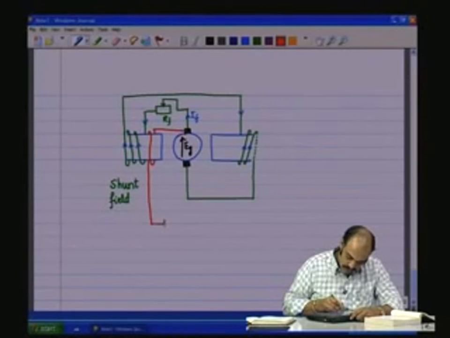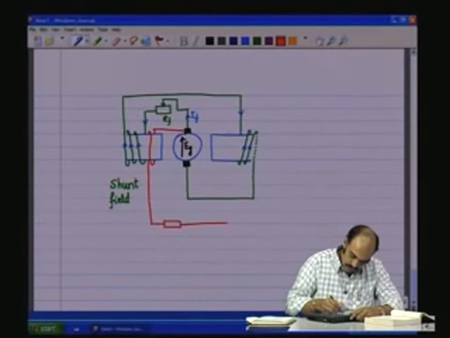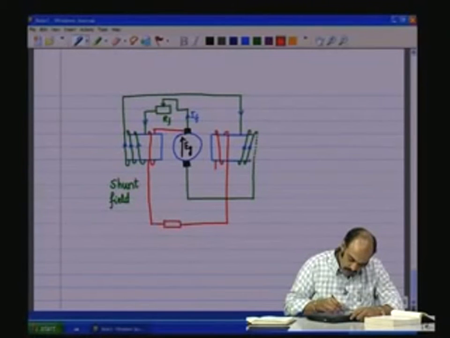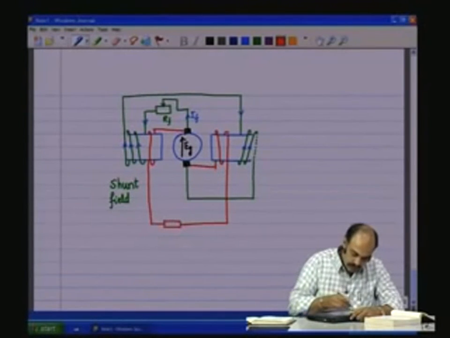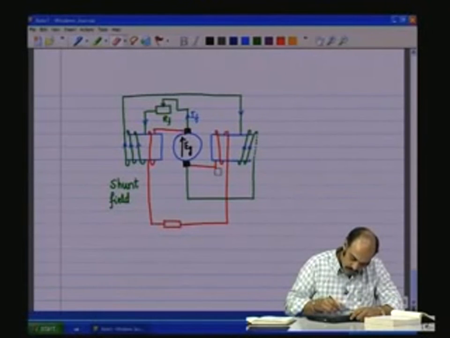Let it go to the load, and then from here it will go here, and goes to the negative portion of the brush.